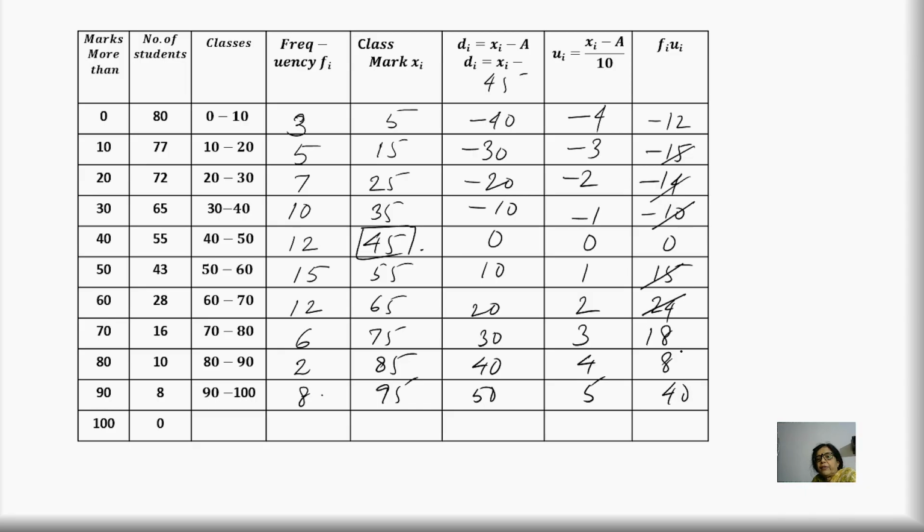So we are now left with 18 minus 12, that is 6. So 48 plus 6 is equal to 54. So summation is coming as 54. And the frequency, as I told you, you need not add because it's already given, it is 80. It's starting from more than 0, 80 students are there. So summation of frequency is 80.